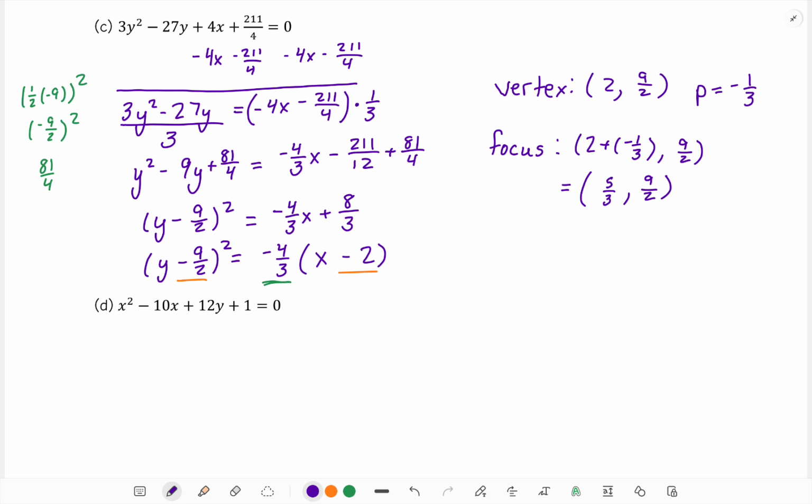And then to get the directrix, it's going to be a vertical line, so x equals, and then it's going to be the x value of the vertex minus the p-value. Get 7/3. That's it for part C.